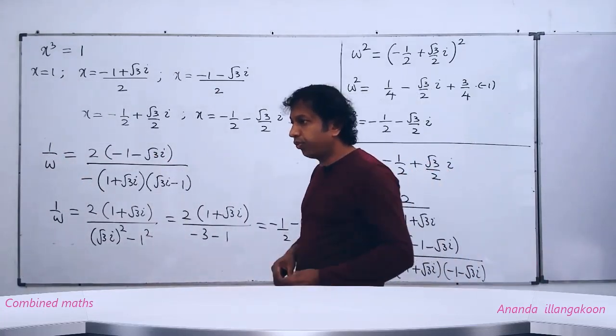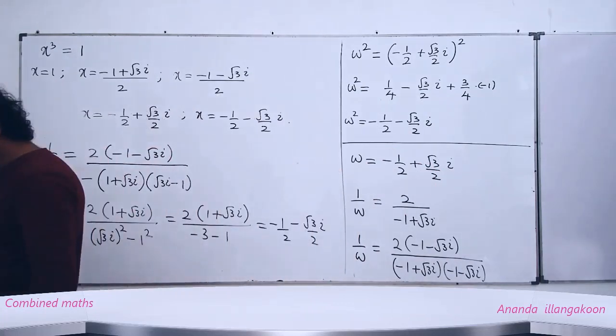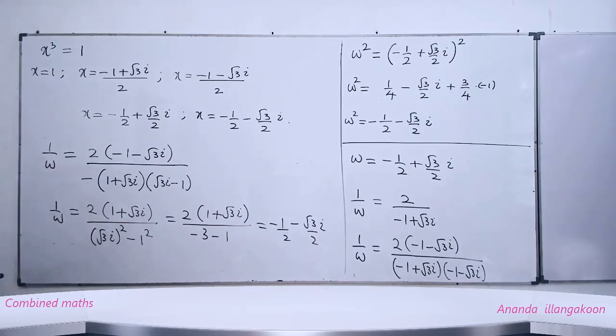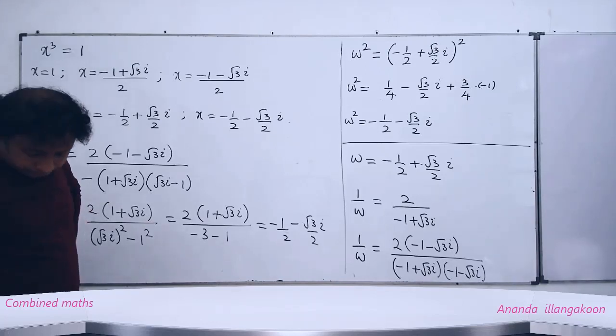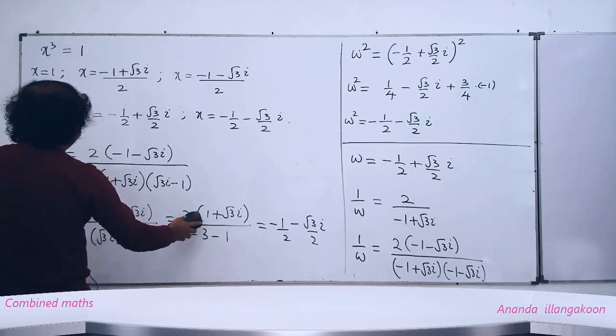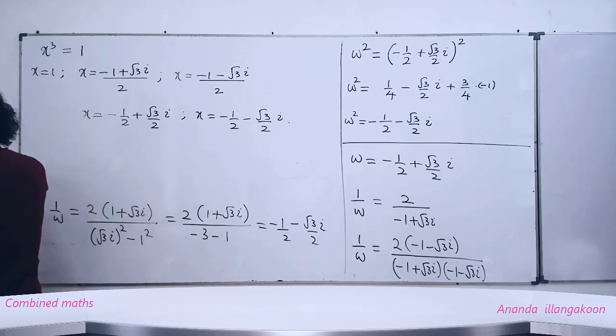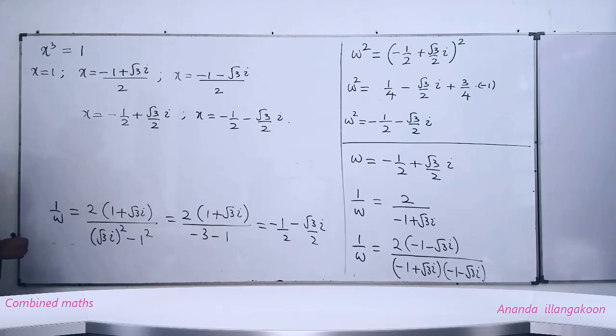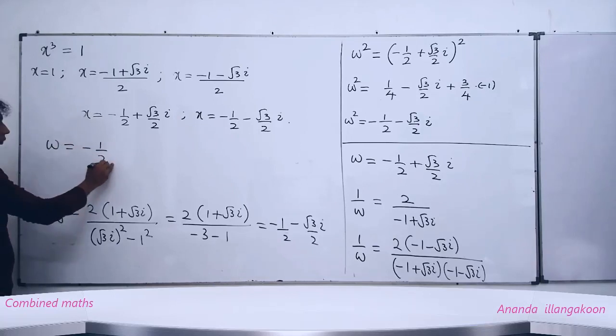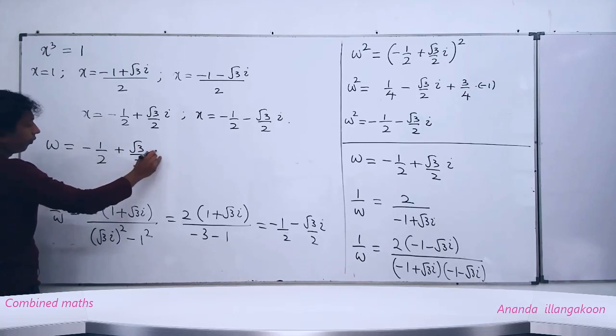If omega is one complex solution of cube root of 1, the other complex root of cube root of 1 is 1 over omega.